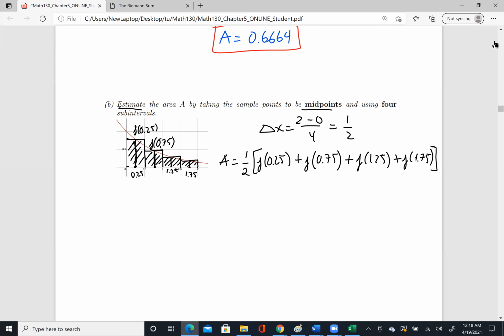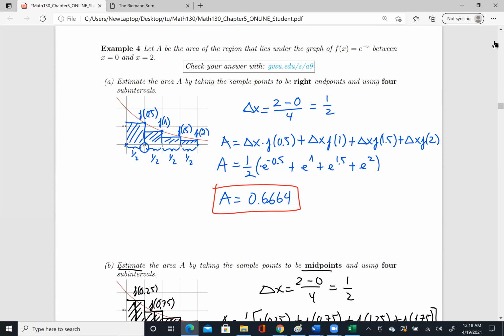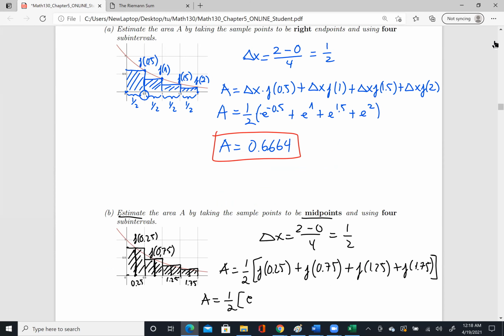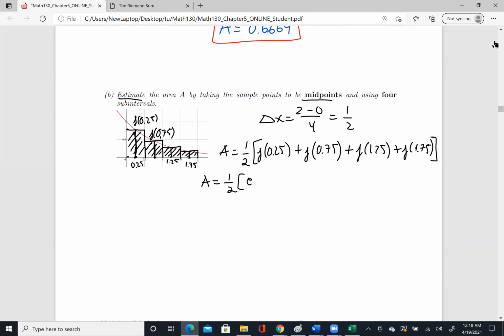Okay, so now I'm going to substitute. For f of 0.25 it's going to be e to the negative 0.25. Oh, did I do that for the first one here? Yeah, I should have a negative. I forgot that.